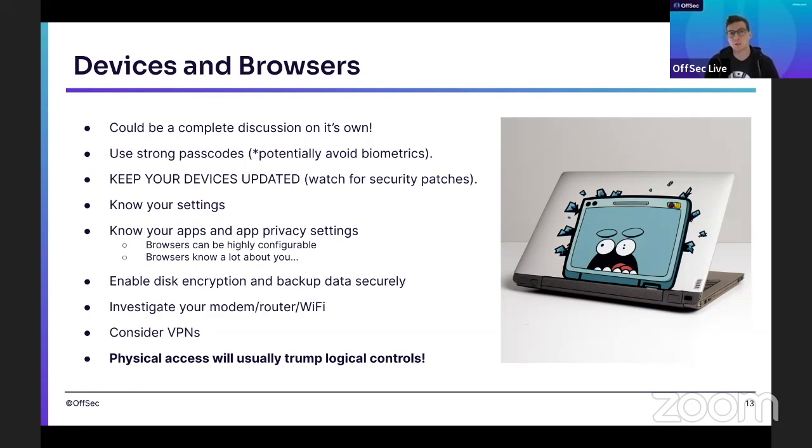It's not just open your system up and have access to everything. Depending on what your risks are or what you're concerned about, you potentially want to avoid some biometrics. Like I said, if someone takes your phone, they also have access to you. Biometrics can be pretty weak in comparison to passcodes.